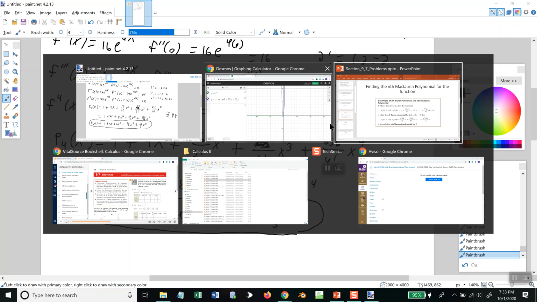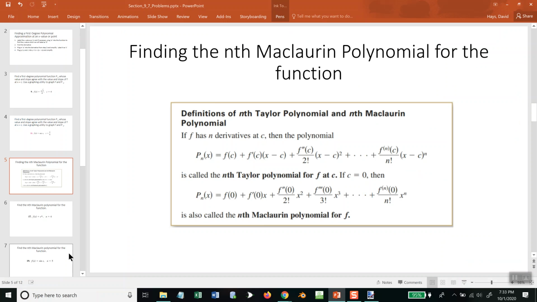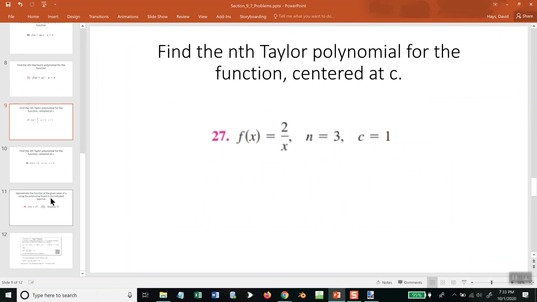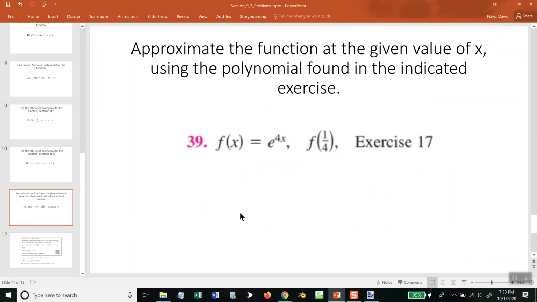Okay, let's skip ahead, and we're going to take a look at number 39. Number 39 says approximate the function at the given value of x using the polynomial found in the indicated exercise.